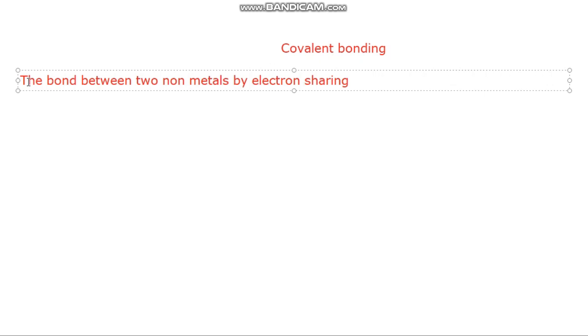We don't have electron transfer here, only electron sharing. The electrons that are used in making bonds are called bonding electrons.